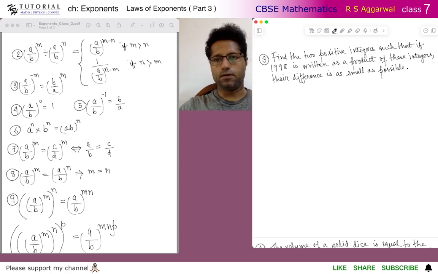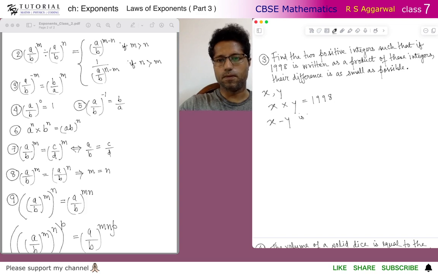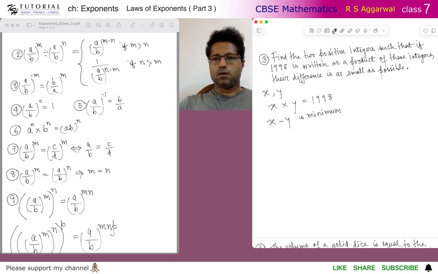So if the two integers are x and y, it is given that x multiplied by y is equal to 1998, but the difference should be minimum. The difference is as small as possible.